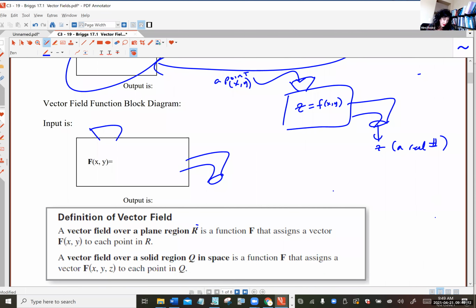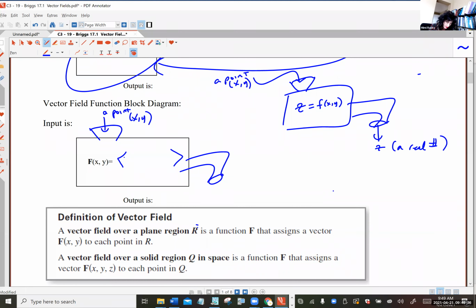So a vector field is a function, but it's a function where you feed it a point. In this case, it'll be an ordered pair, but you could have vector fields in 3D. And the notation is a little bit wacky. It is vector notation because it's a vector field, people.